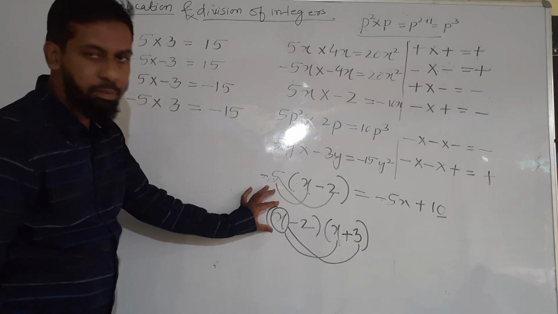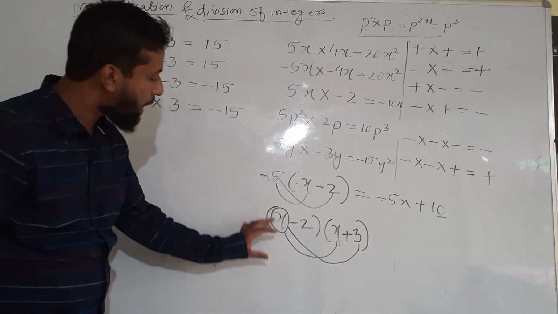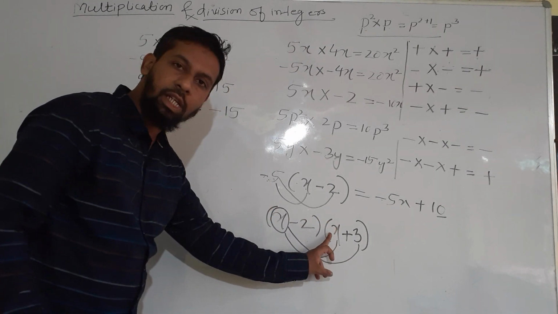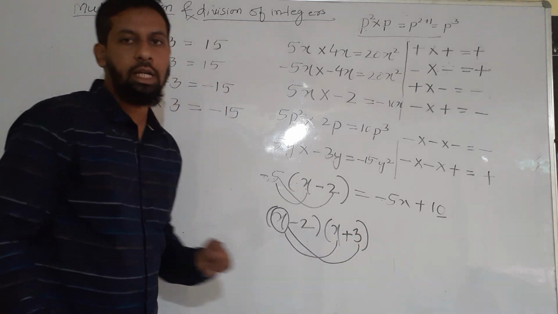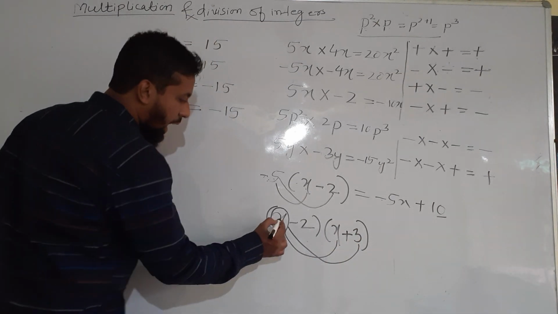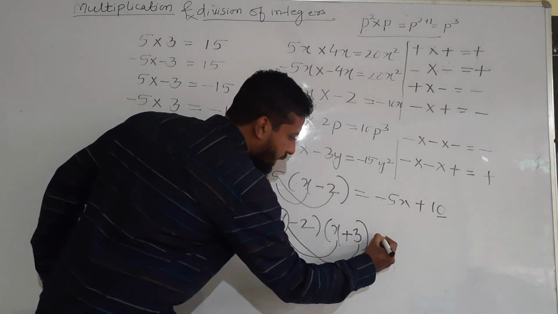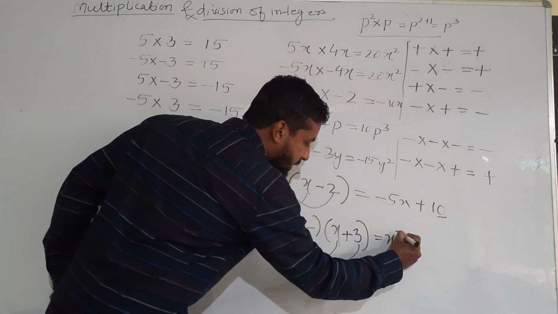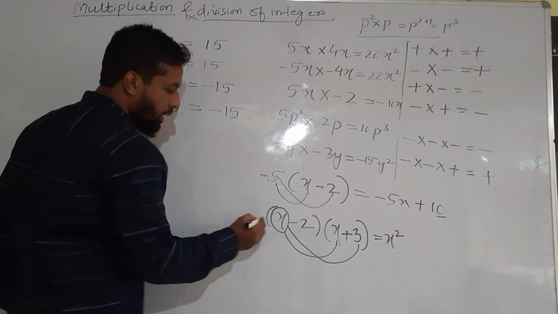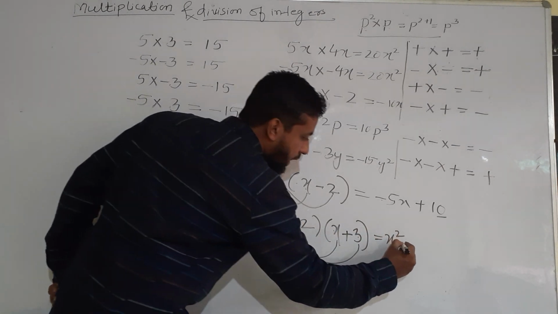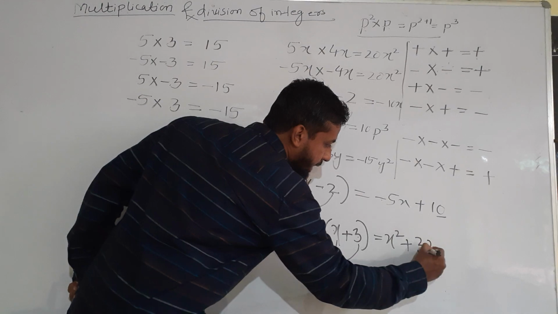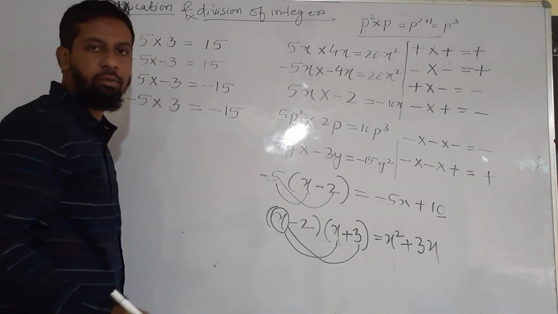X into x is equal to x square. X into 3 will give you 3x.